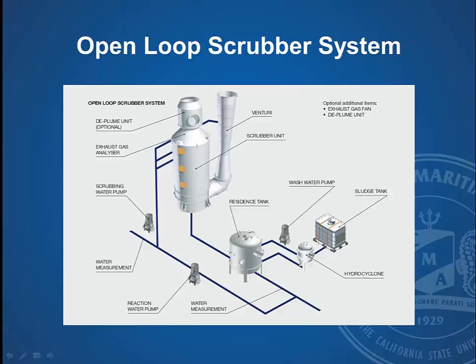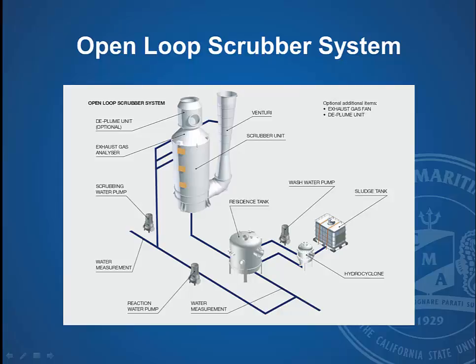That will cool the gas. It will remove the SOx. It will remove the particulates, and then it will exit out the top of the scrubber and out your stack.